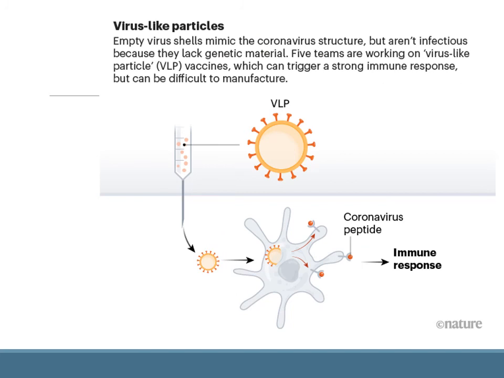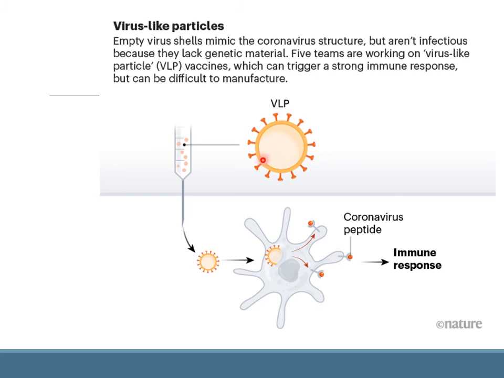Virus-like particles I did not go over, but because of the ability of viral structural proteins to self-assemble, you can express those structural proteins, and for some viruses they will self-assemble into an empty virus capsid. And there's no genetic material here, so it cannot cause any disease.